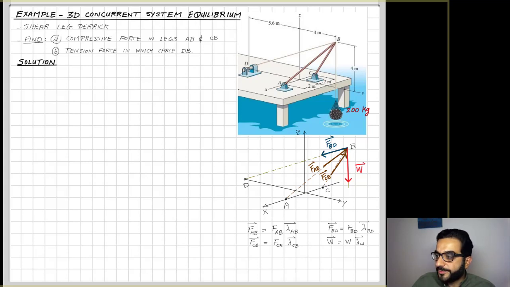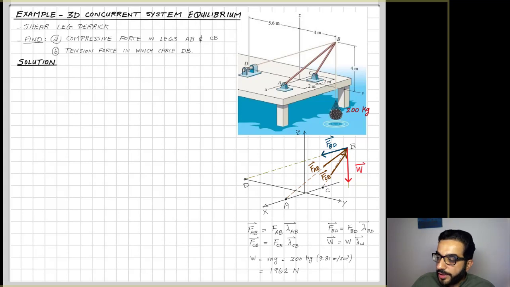And the same for FBD, FCB, and even the weight force, W. Now, the problem asks for FAB magnitude, FBD magnitude, and FCB magnitude. What we're given is the magnitude of the load, which is W, equal to mg. So now differentiating between the load and the mass, the mass times the gravity will give us the load here of 1962 newtons.